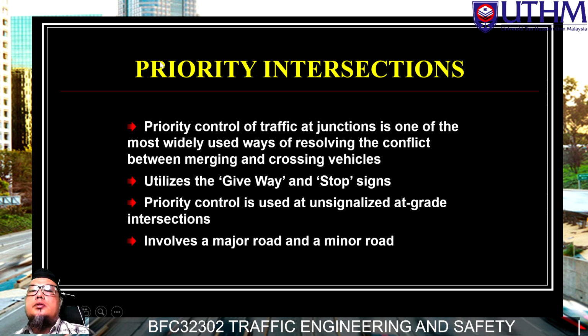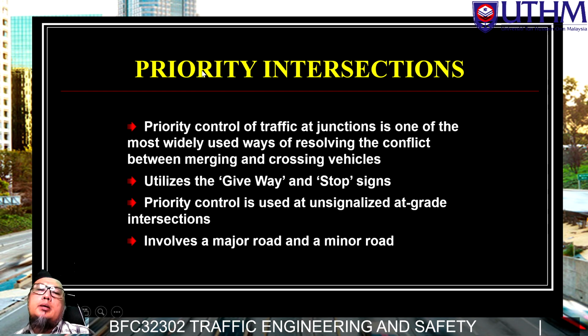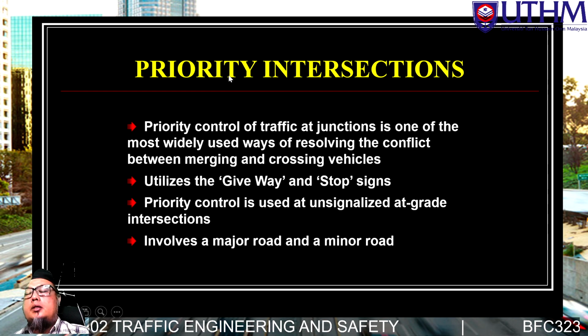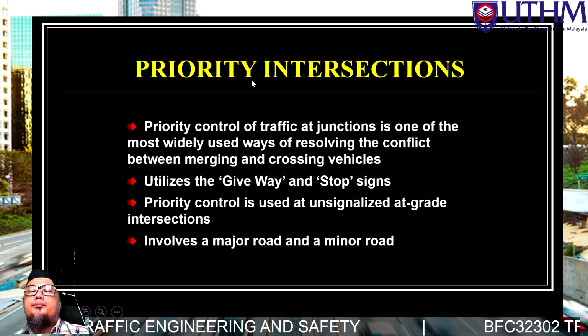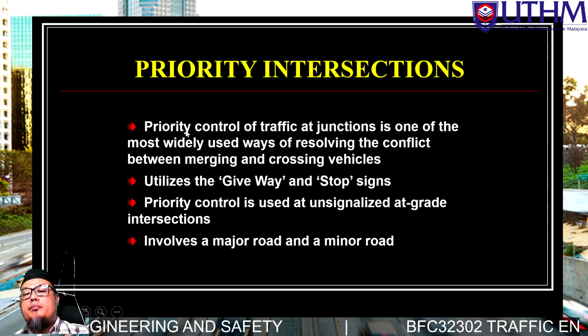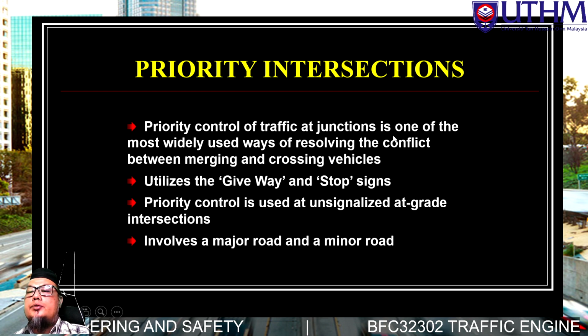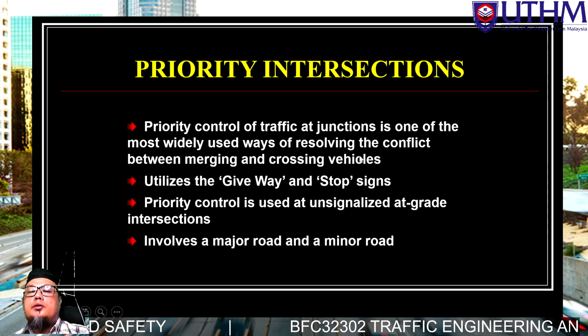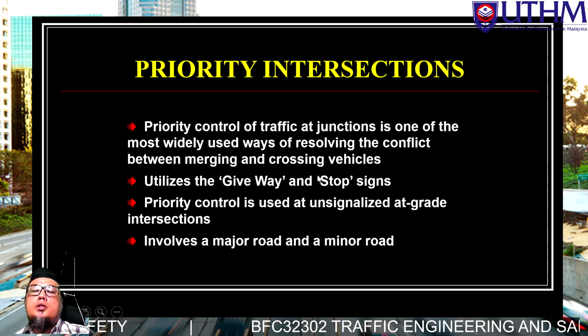Okay, first category or class type of priority intersection. Persimpangan keutamaan, priority intersection, under unsignalized intersection type. Priority control of traffic at a junction is one of the most widely used ways of resolving the conflict between merging and crossing vehicles.